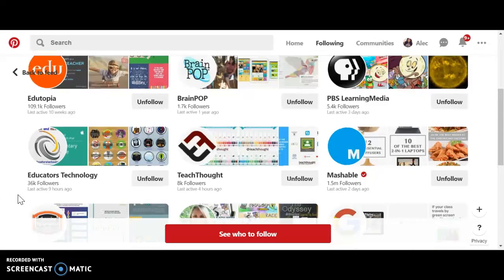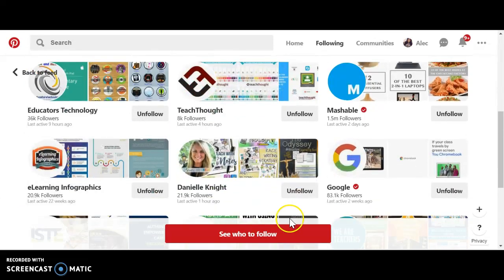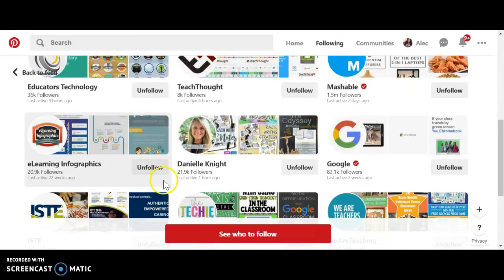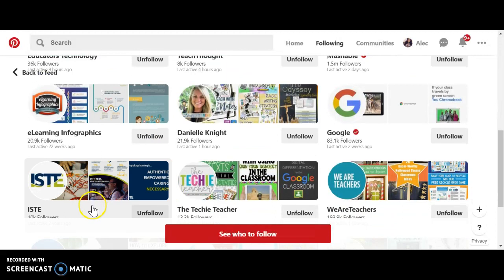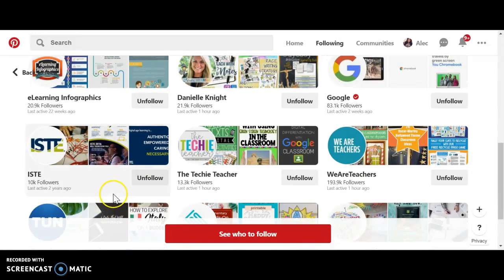Edutopia is a really awesome one. Danielle Knight is really cool. She does a lot of things with English writing. She's very creative, and I really like her pins. ISTE also shares a lot of great information.